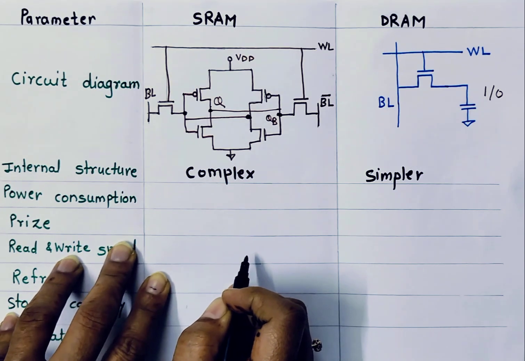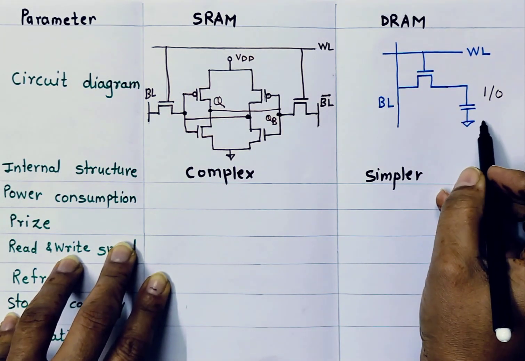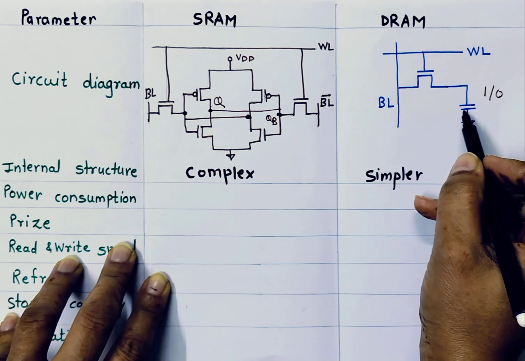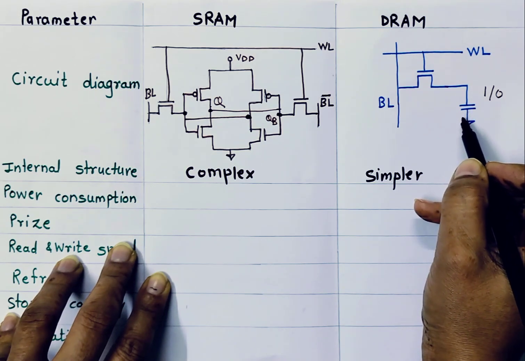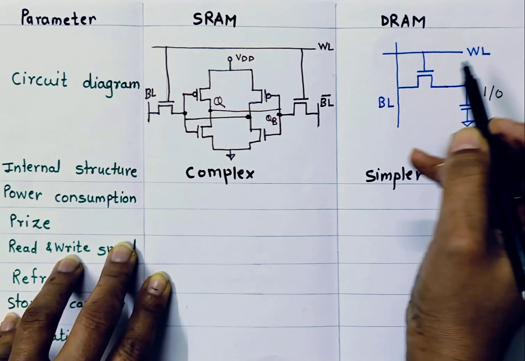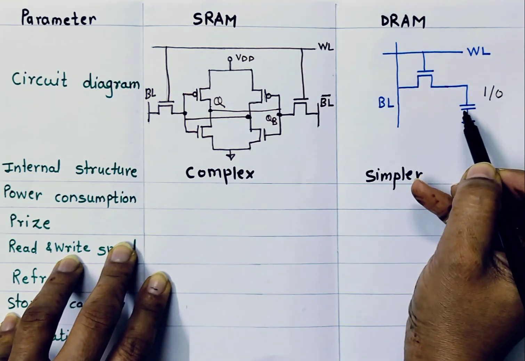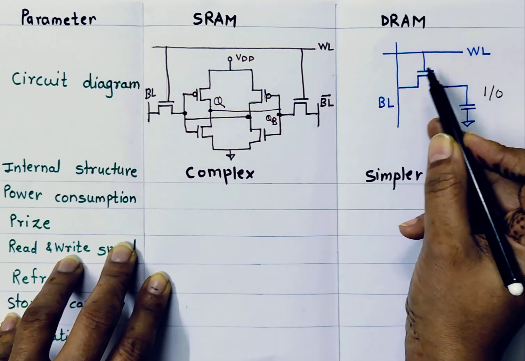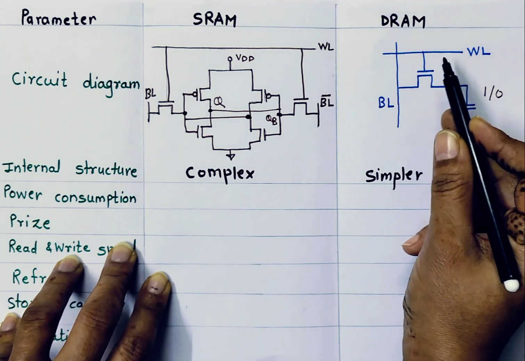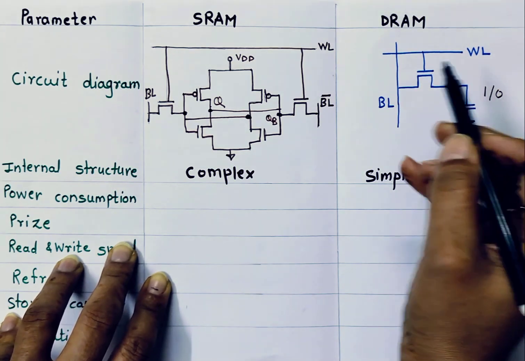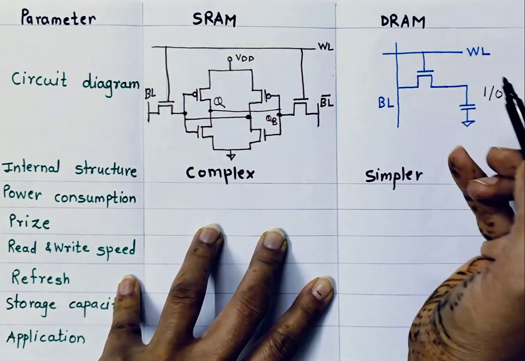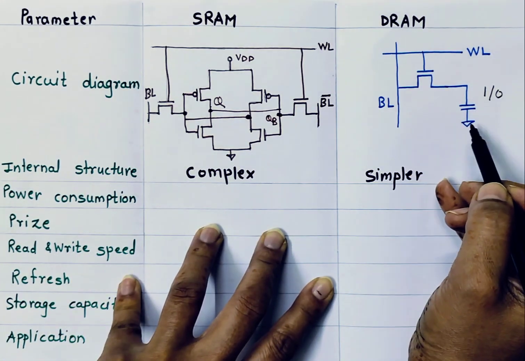Second difference is, in case of DRAM, when we store our data in the capacitor, after some time the capacitor discharges. At the same time, this transistor is also not a perfect switch. So to avoid this discharge, we need to refresh DRAM again and again, like 1000 times in a second.